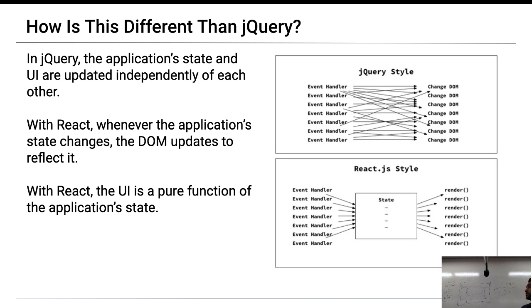Now you can use either plain old JavaScript, the vanilla JavaScript, or you can use jQuery, or you can use React. But all of these are modifying the DOM. What React does is modify your DOM in an extremely efficient way that makes it a lot faster than jQuery. If you look at the first diagram, jQuery directly interacts with the DOM.